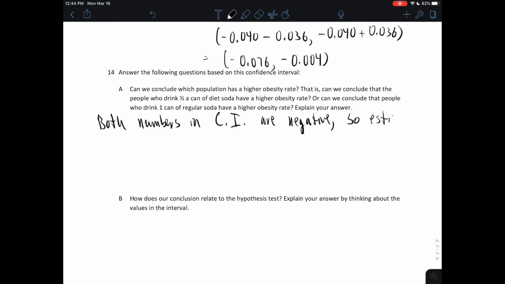So that means that estimates for the difference PD minus PR are negative. The only way that you get a negative from a difference is if the second number must be larger.